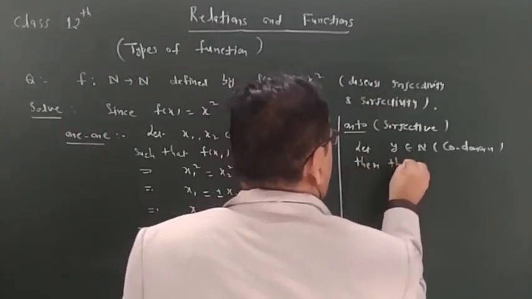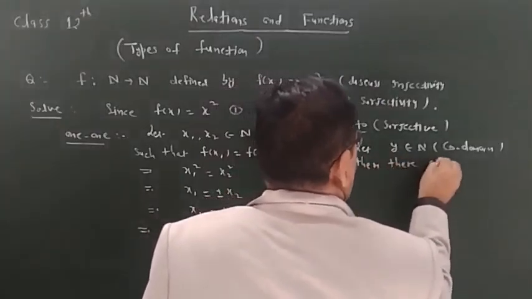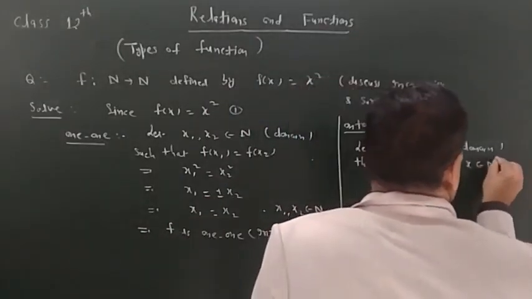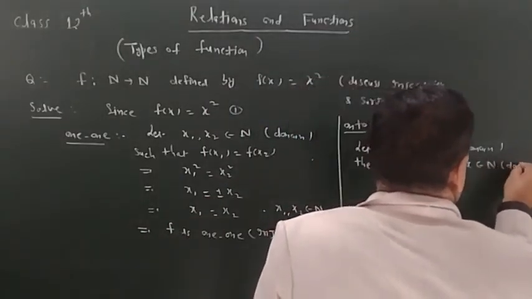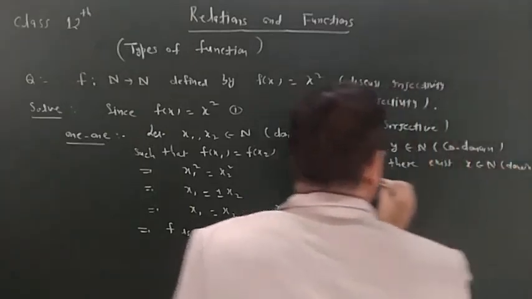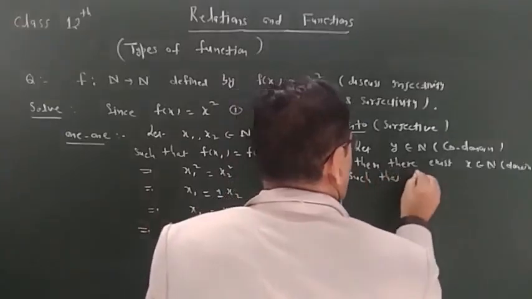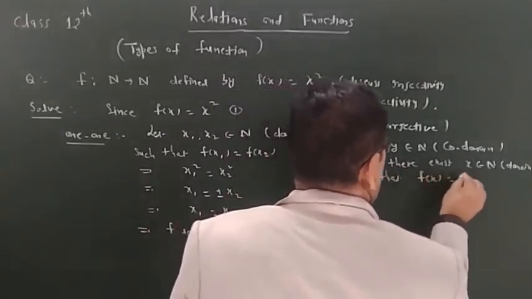Then there exists x belonging to N, the domain, such that f(x) equals y.